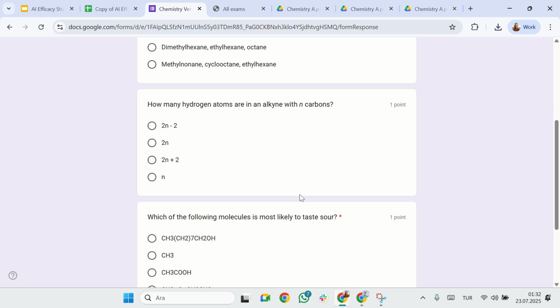Alkane should have single carbon-carbon bonds, and alkene has double, and I think this should have triple. So let's say if it has two carbons, then it would have two carbons and two hydrogens.